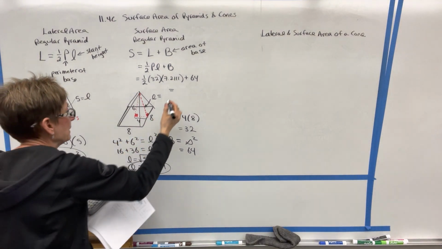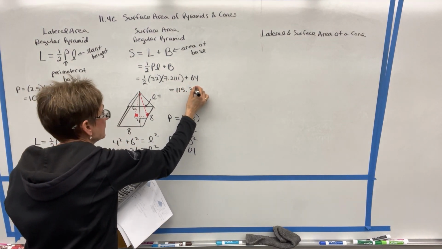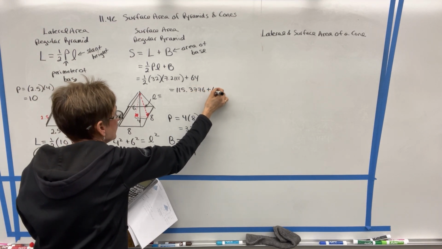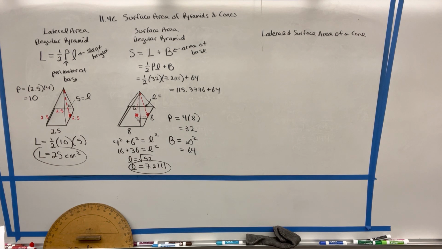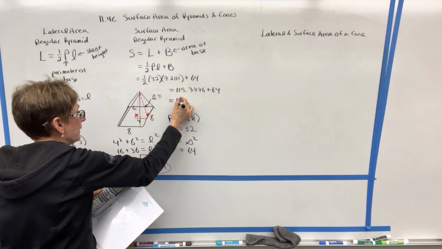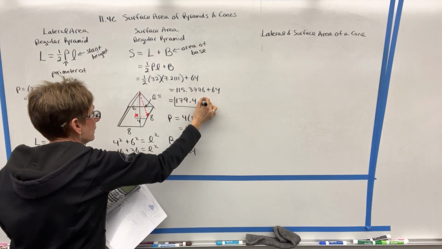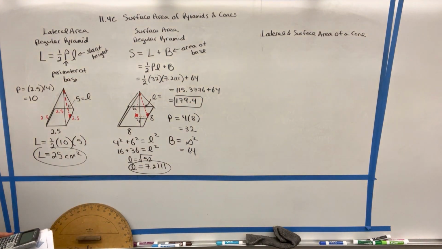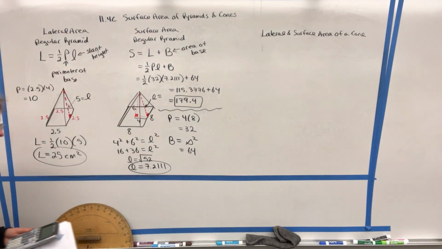And that's going to give me something like 115.3776 plus 64. I'm keeping that in my calculator, adding 64 to that, and I'm rounding at the very end. My final answer is going to be 179.4 when I plug everything in. So our work is kind of all below that.